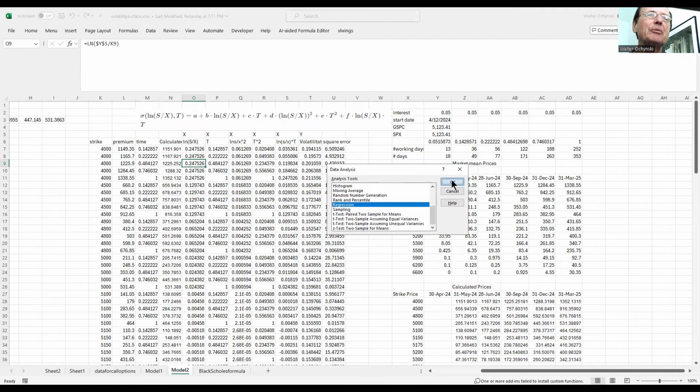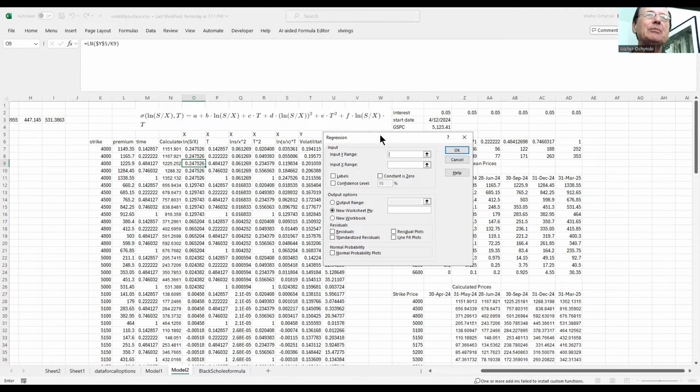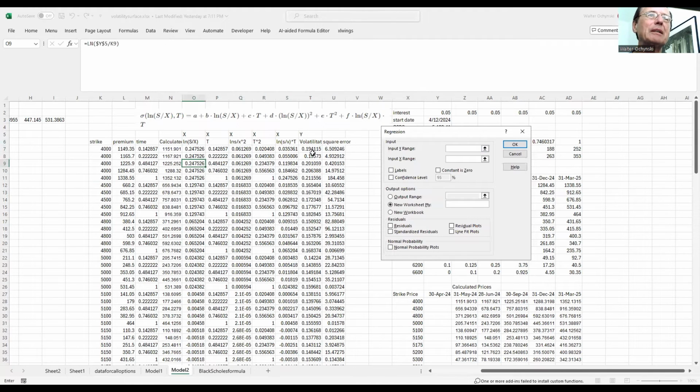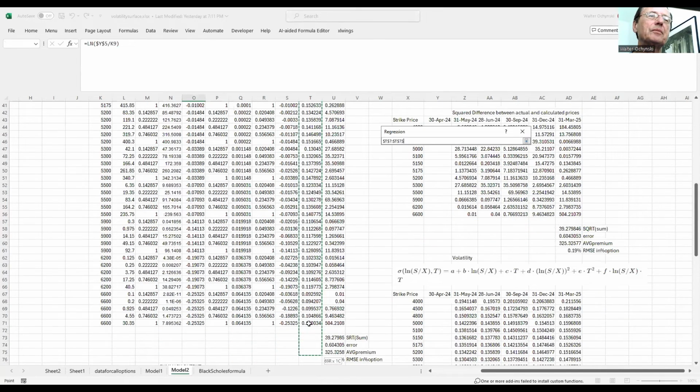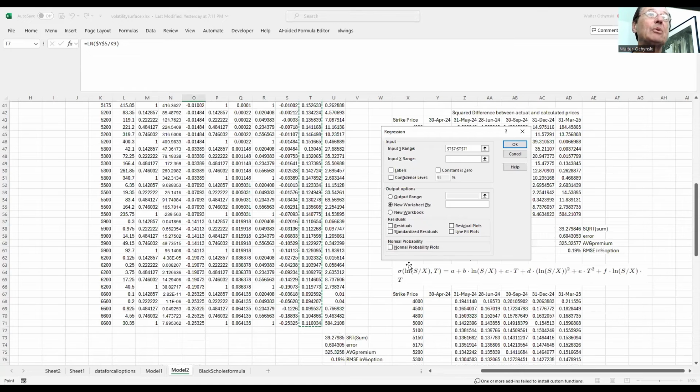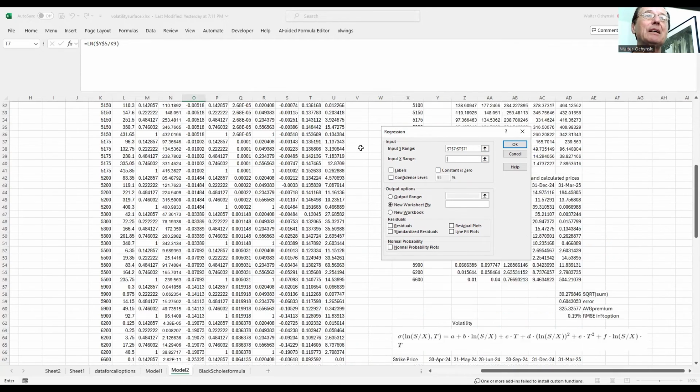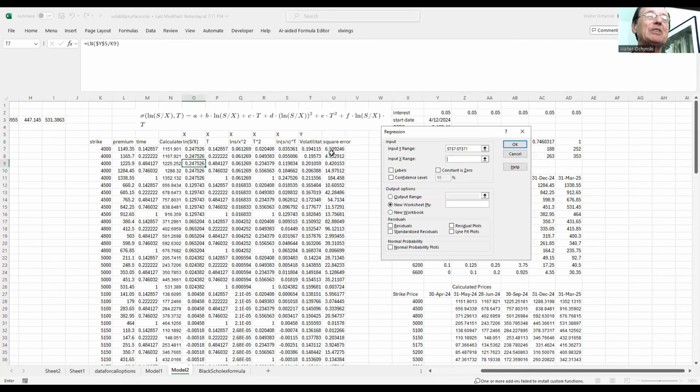Okay, so now with the regression, I have the input range Y, which is where I calculate my volatility. If you start from the beginning, the values which you will see are not calculated properly because your parameters are not calculated properly. But since I did this a couple of times, I already have the volatility calculated, but at the end this is how it will be done.